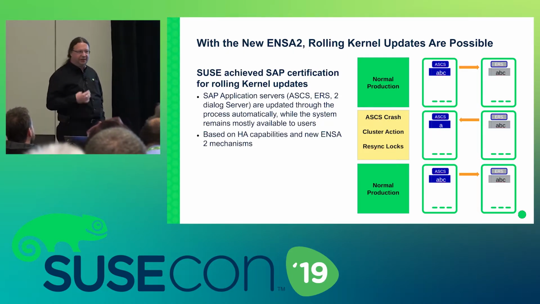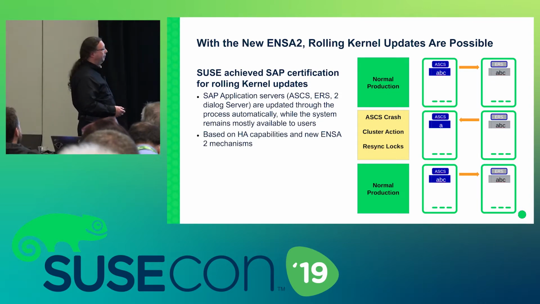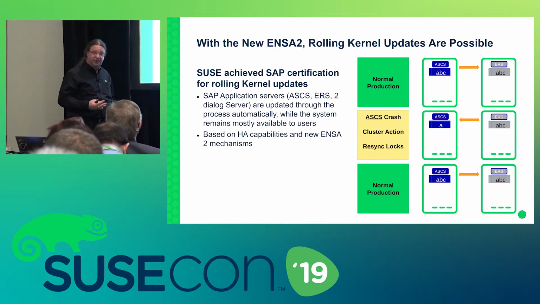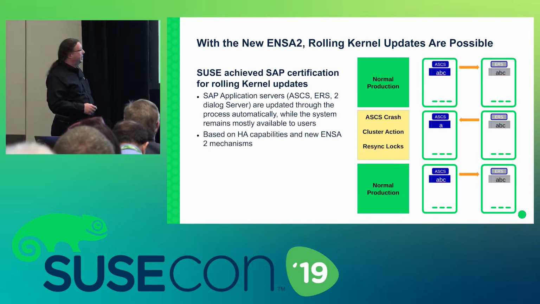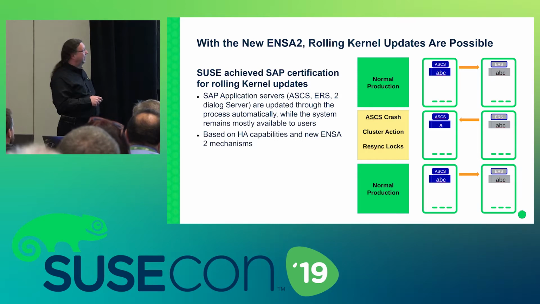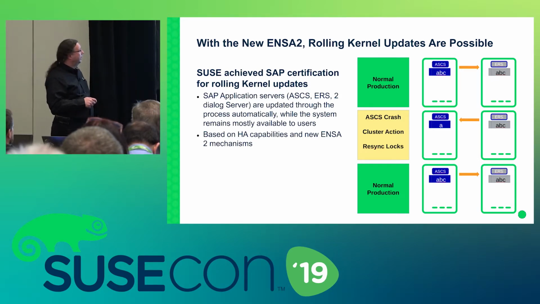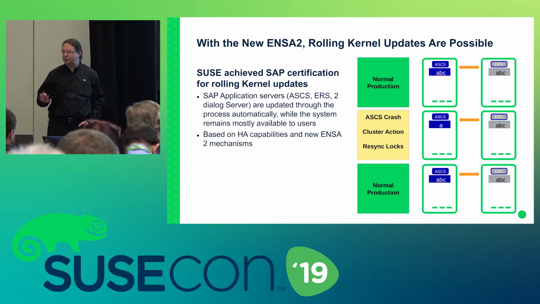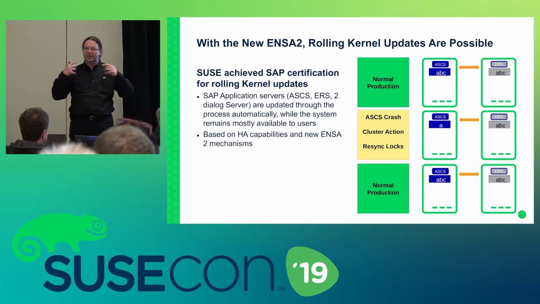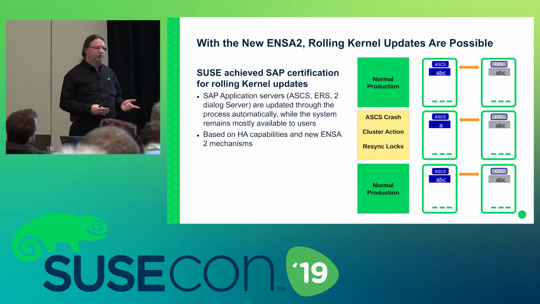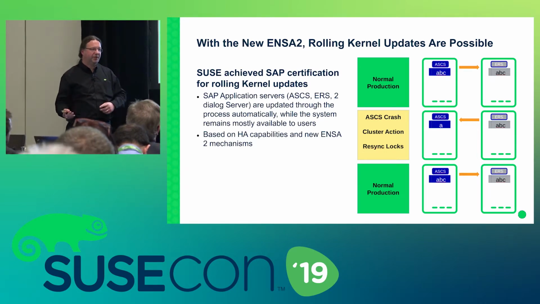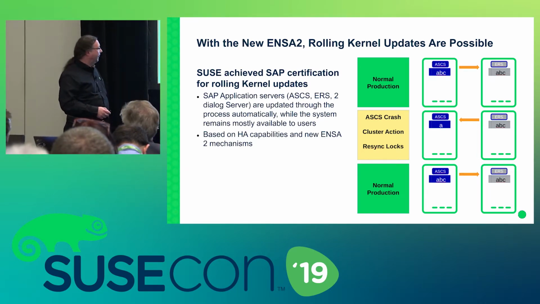So we're not talking Linux kernels here, but in this environment, and again, you will see this in the demo that the two guys are showing, we're basically able to upgrade the central instance, the replication server, and then the two dialog servers without any outage, really. So you just trigger a script, and the update of the whole SAP kernel, the patching, just happens without outage automatically. And again, that's being certified from SAP.